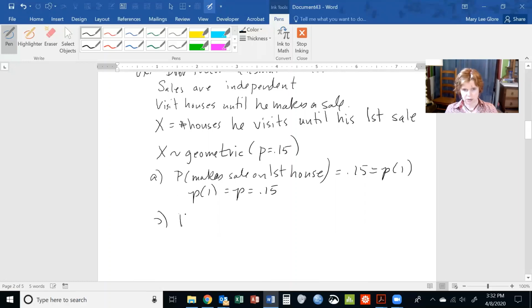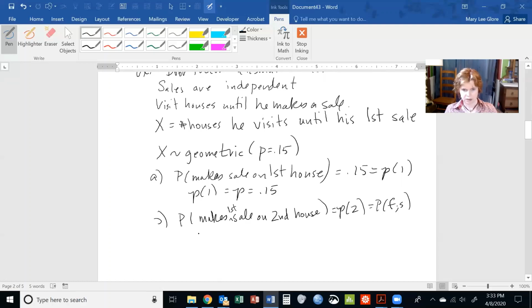What's the probability that he makes his first sale on the second house? This is P of 2. If he had made a sale on his first house, he would never get to 2, so he'd have to have a failure at the first house, and then a success.